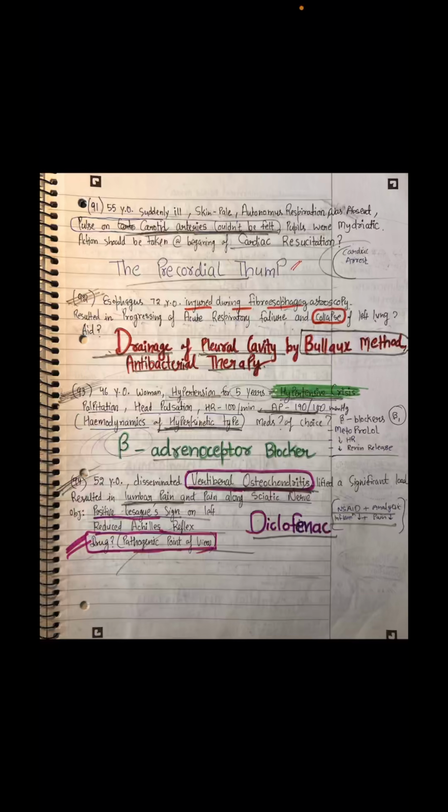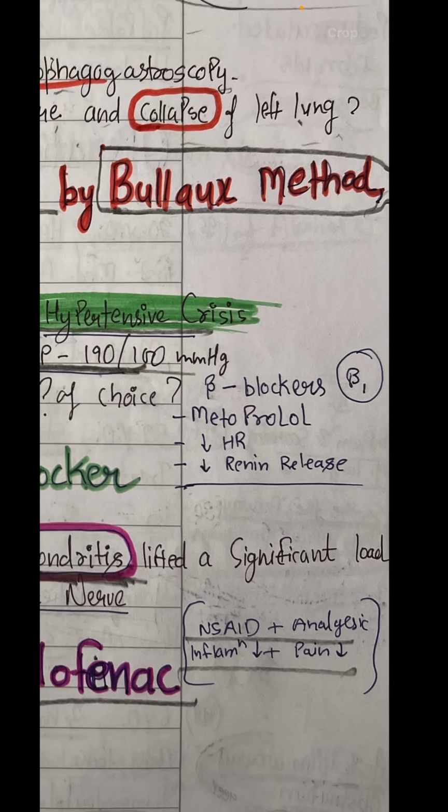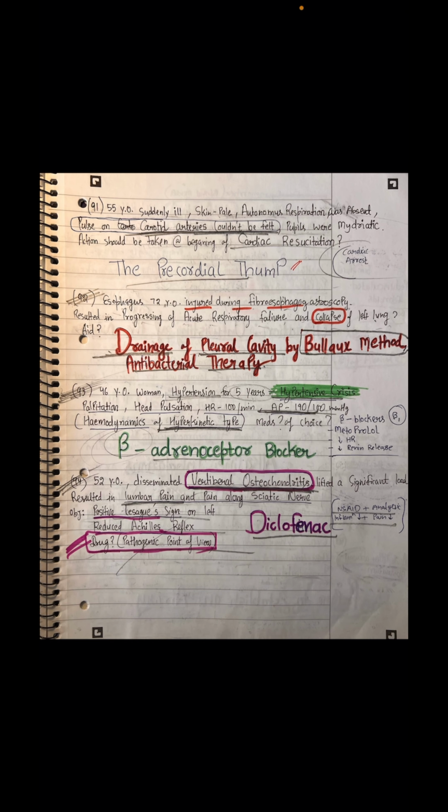It will block the adrenoceptors in the patient, which is what is causing the high pressure. Beta blockers, for example metoprolol, will decrease the heart rate and decrease the renin release, hence the crisis can be treated in the patient.